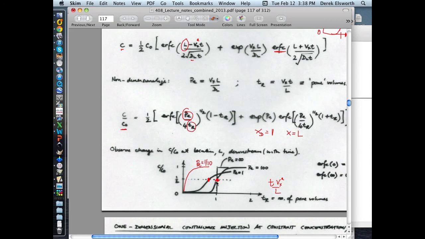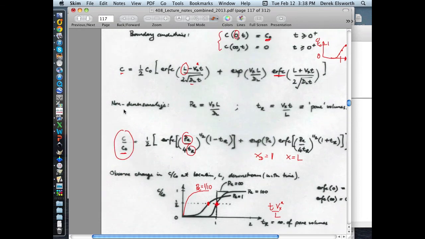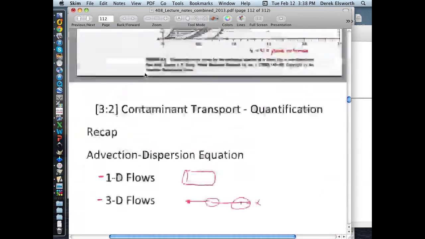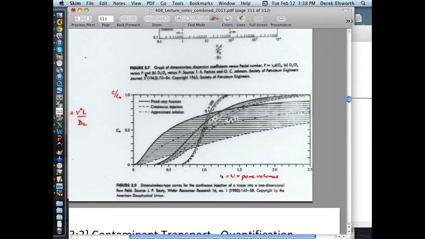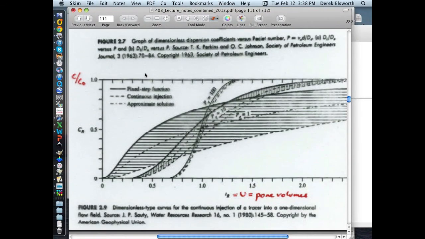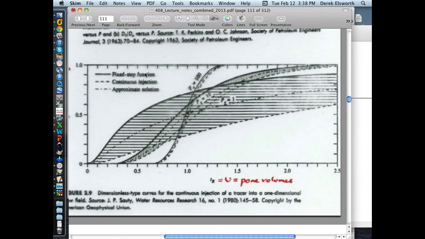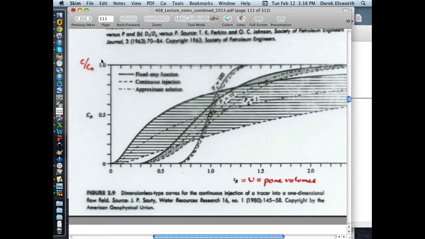If you want to reconfirm that in your own minds, you can either plot these expressions here, or you can go back to Fetter, and you can look at the equivalent of this figure here, which comes from Fetter, which is a bit garbled. But if you draw out the curves, this is relative concentration from 0 to 1.